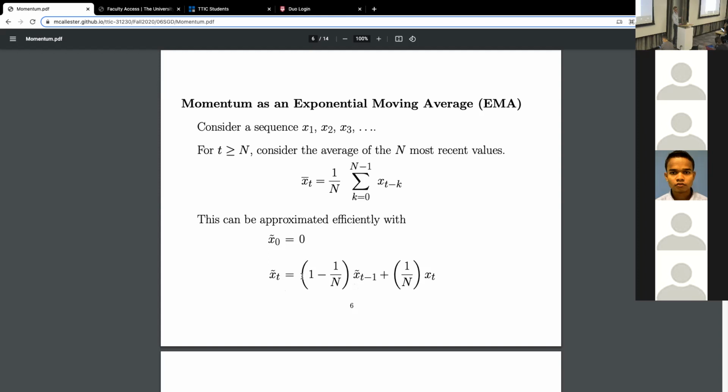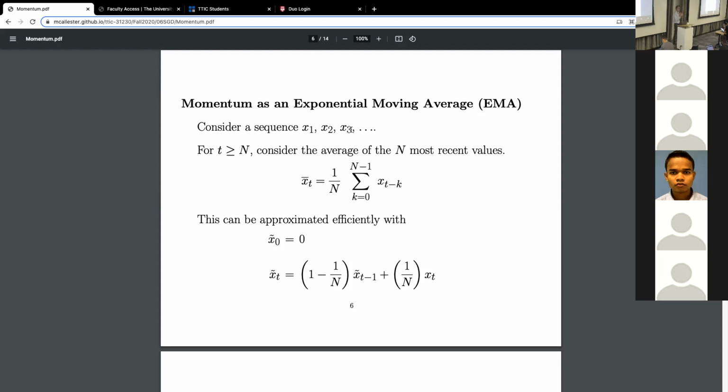So this is very abstract, right? I'm saying I just consider any sequence of values x_t, and x tilde is the exponential moving average of this sequence, where intuitively you're averaging over the most recent capital N. Now, we are going to talk about an exponential moving average of the gradient estimates, right?